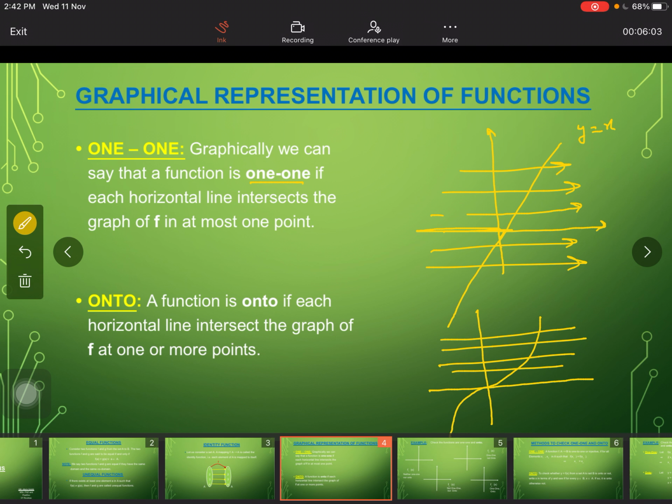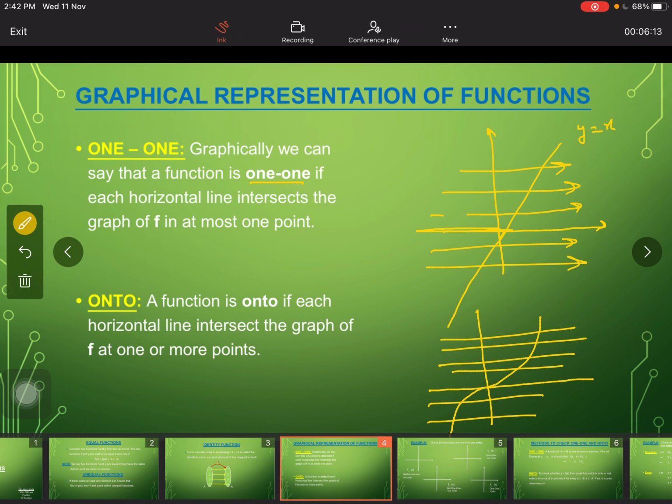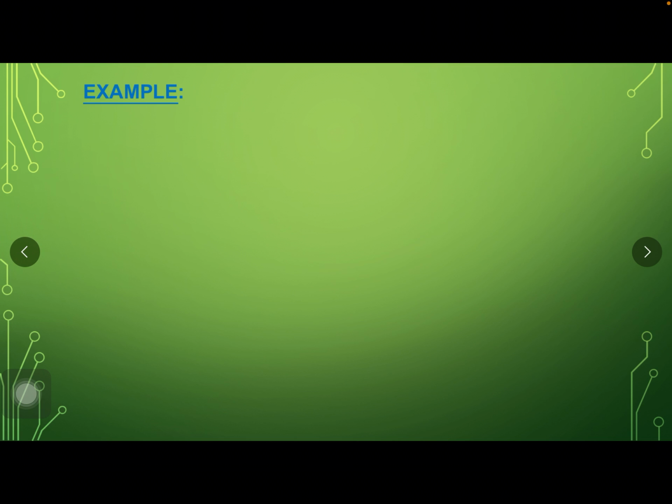If we draw any horizontal line, here and like that, then our horizontal line intersects the graph at one point here, one point here. So this is the onto function. Clear?